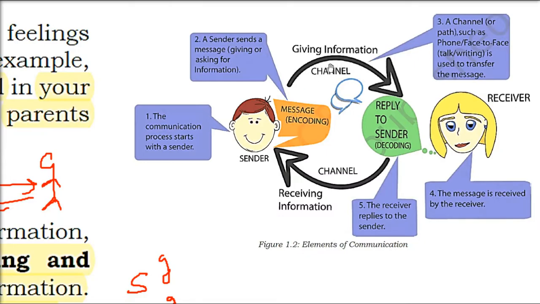Then you send it. It can go through air when you are talking in front of someone. It can go through digital media like WhatsApp, Facebook, or messaging services. So there is a communication channel. It can be through phone. You can communicate face-to-face, through talk and writing.